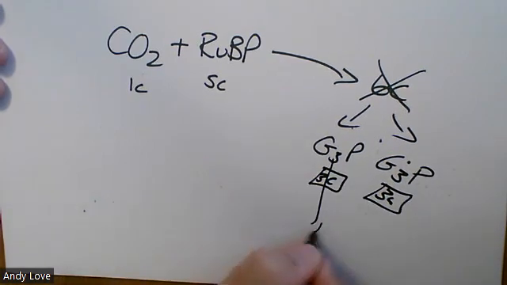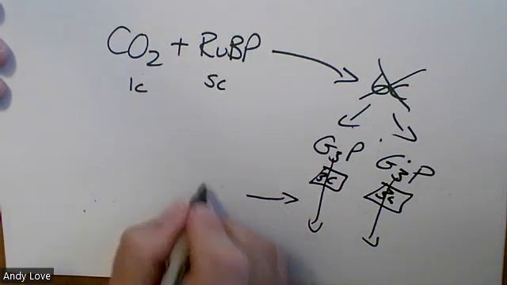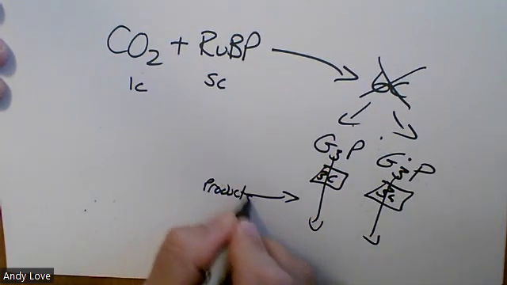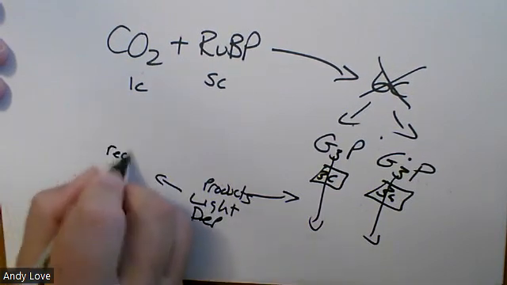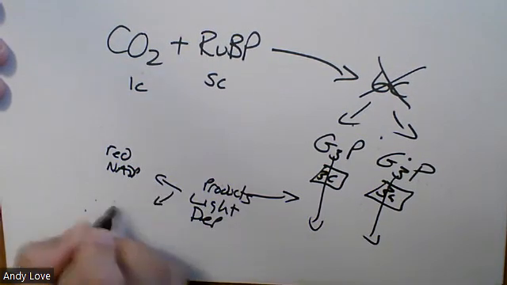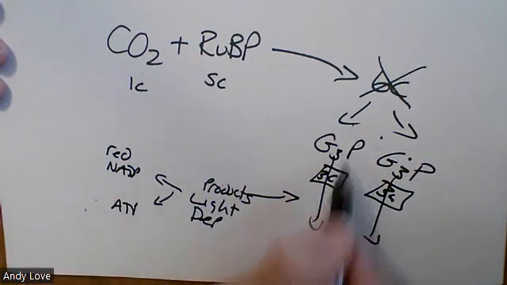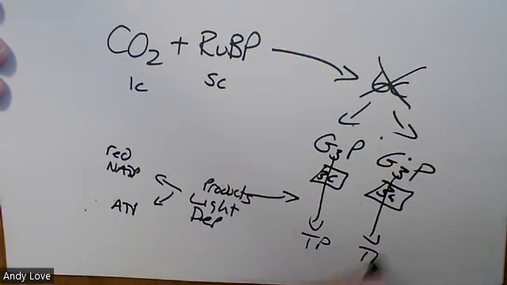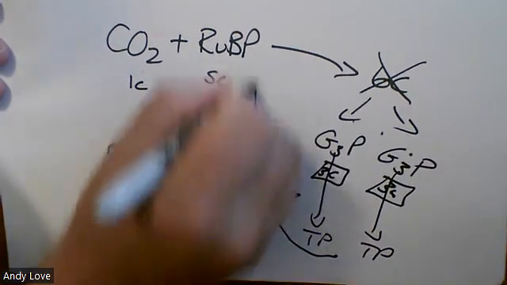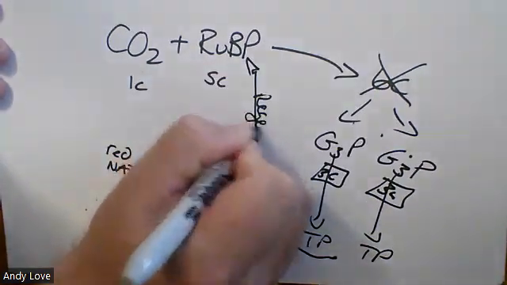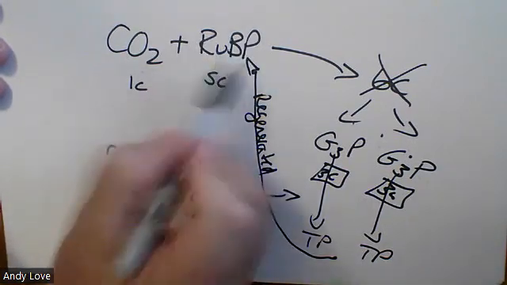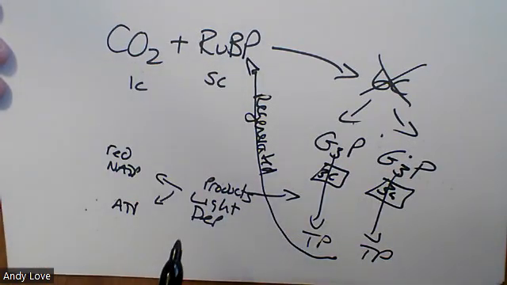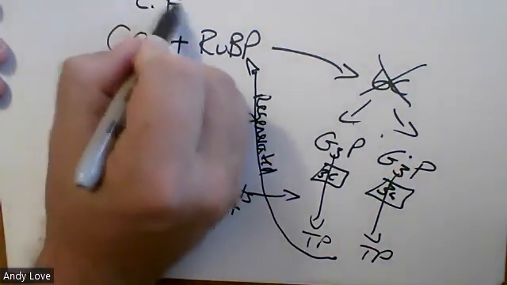G3P, pretty useless, so let's reduce it using the products of the light-dependent reaction, which are reduced NADP and ATP. That reduces G3P to TP, and the TP can then be regenerated. Why is that so important? Because it means that the RUBP can pick up more CO2.